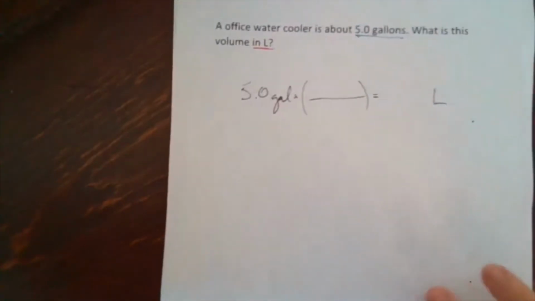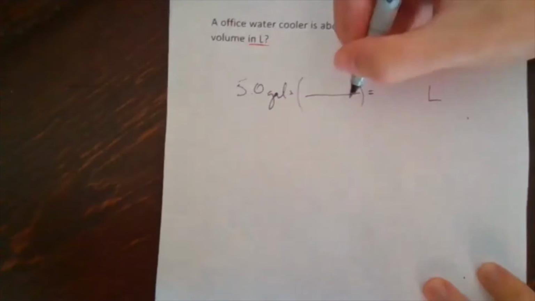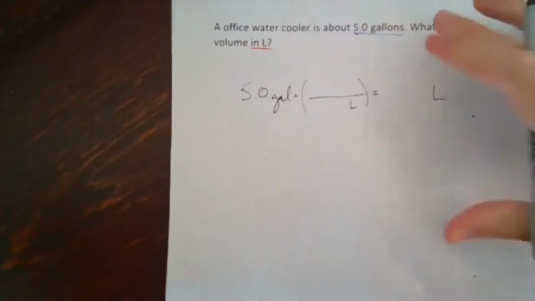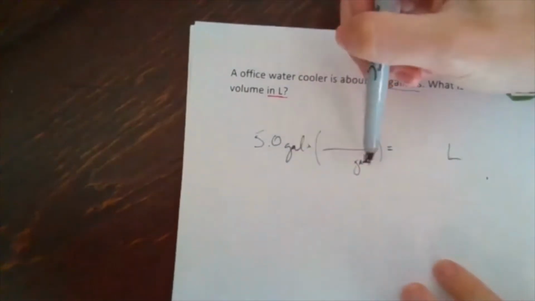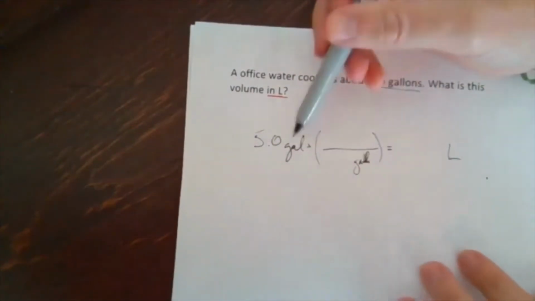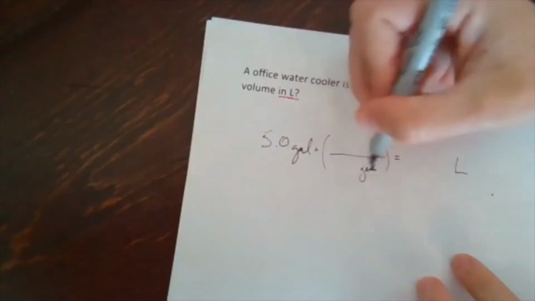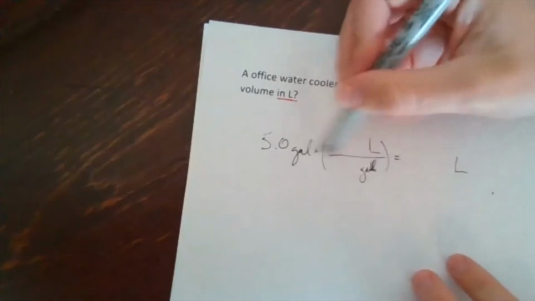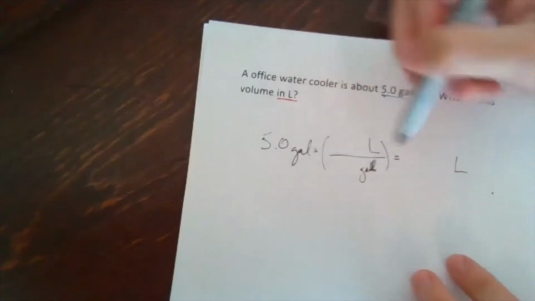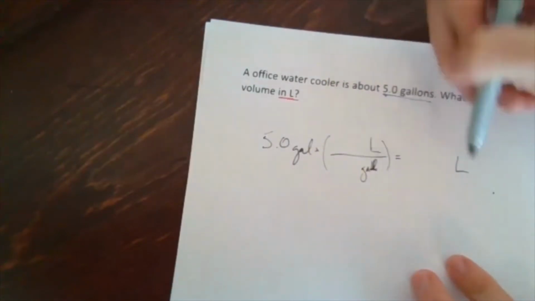Because that is what I want, I can figure out that this needs to be liters. And this needs to be gallons. So I need to cancel out that gallons and go to liters. The bottom is always what you want to get rid of, and the top is where you want to go.